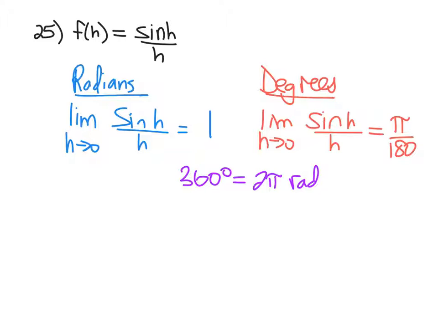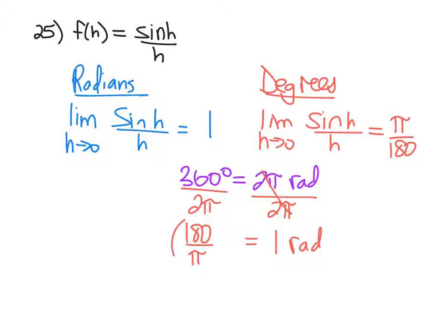If I divide by 2 pi, I would get 1 radian is equal to 180 over pi degrees. That is a relationship between those two units, and if I wanted to do a conversion, I would work off of that. So that's sort of what they're getting at here.